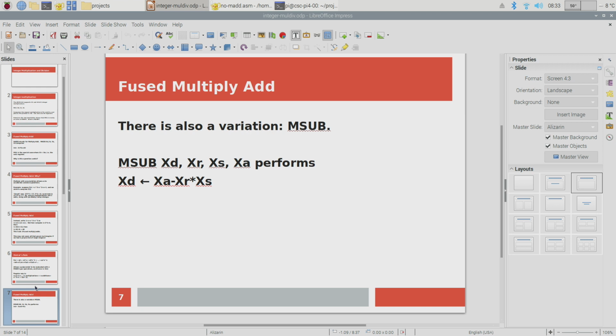The syntax for this one's even more annoying because we're not subtracting something from the product, but rather we're subtracting the product from something. So the syntax is msub xd xr xs xa, and that's what it computes. It multiplies xr and xs, subtracts the product from xa, and then puts the result in xd.